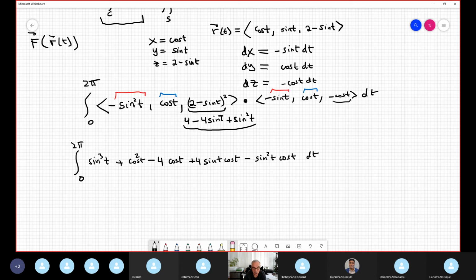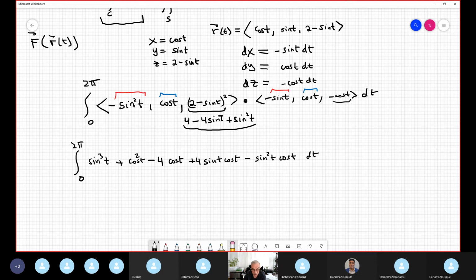When you integrate a trigonometric function in one period, the area under the curve of an odd function is 0. However, the integration of an even function is, well, no, like it's a square.